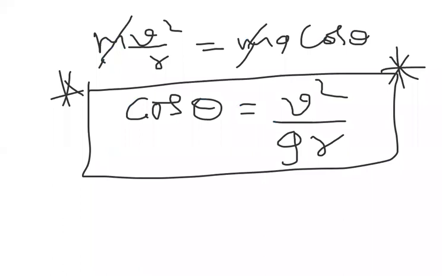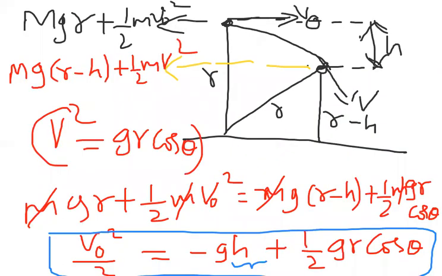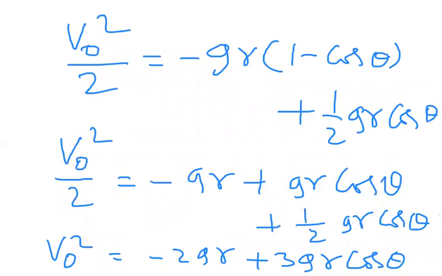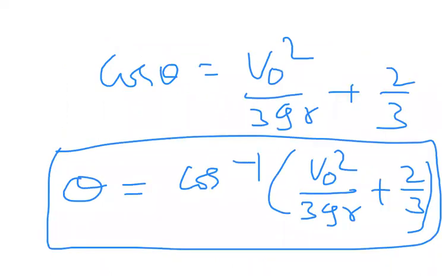After that we applied the law of conservation of energy from the start to there. Simplifying that, we got these expressions, and finally we got the theta value as cos inverse of v naught square by 3gr plus 2 by 3.